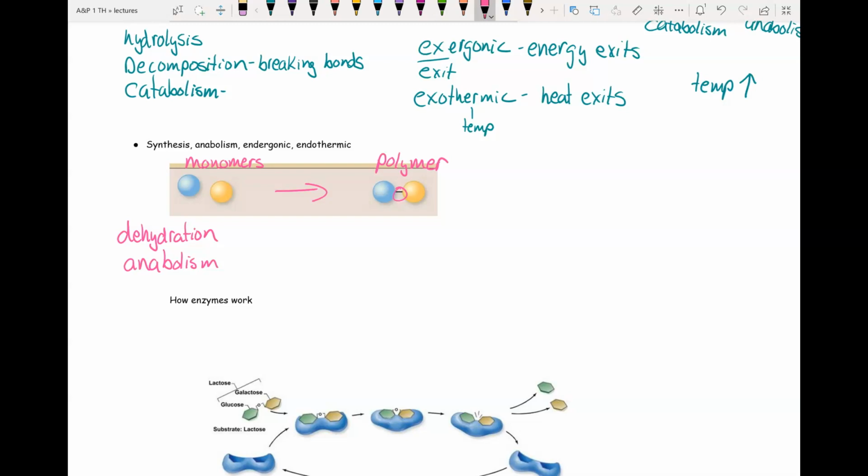And whenever you do this, when you're building bonds, that is endergonic. So think of the EN for enter. Energy enters. So you have to use energy to build bonds.